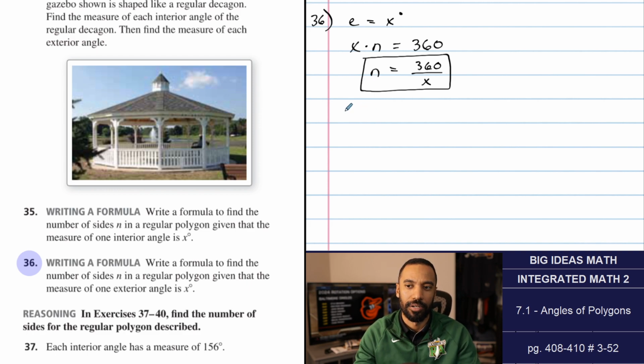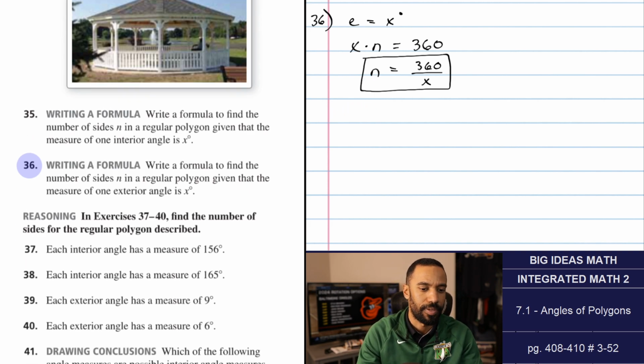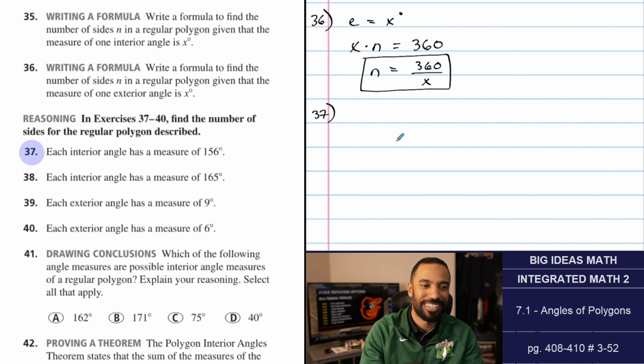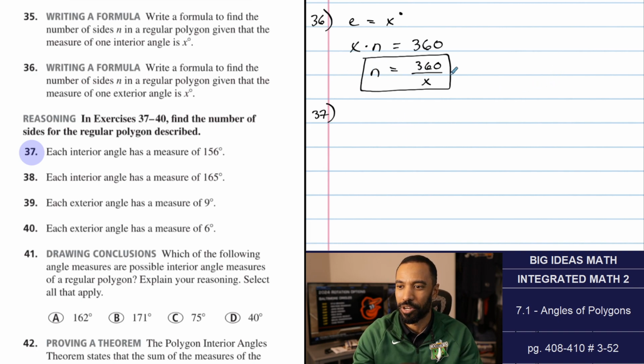All right, number 37 to 40. Find the number of sides for the regular polygon described. Oh, let's use our formulas. So let me write them. Well, here's one of them.